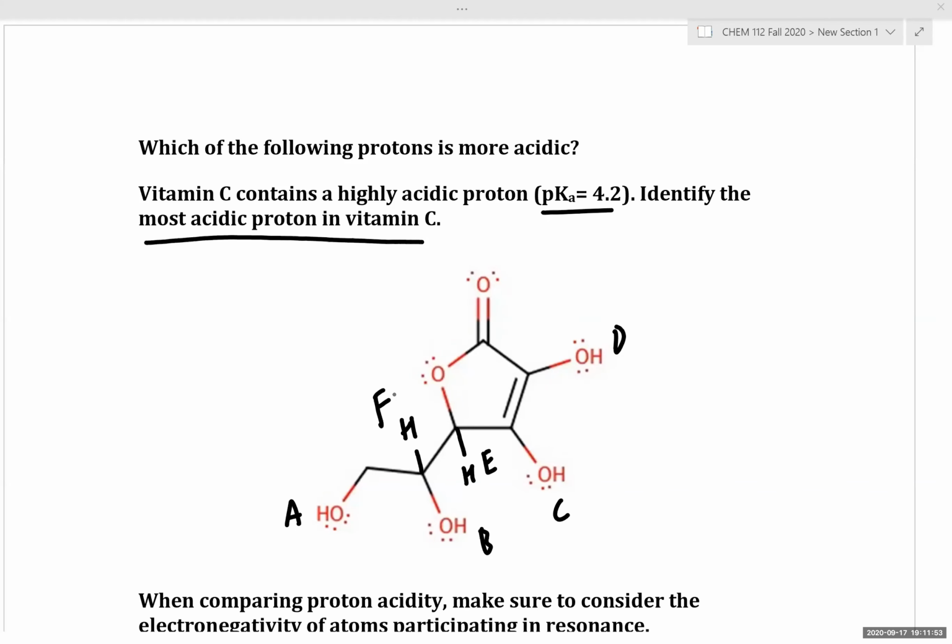And my hint to you is you want to make sure you're drawing out your anions and seeing how you can delocalize your electron density. And we'll discuss this example in about another 1.5 to 2 minutes.